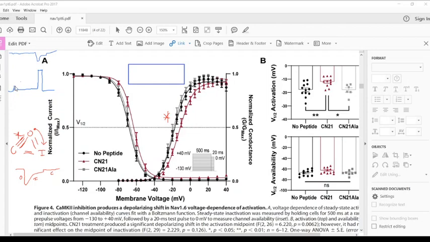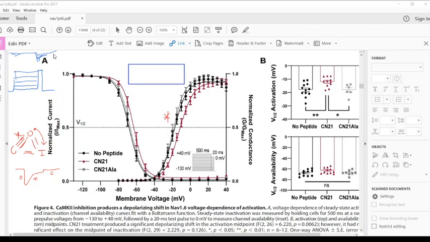Then we go higher voltage here, we might start to see something happening down here, and this one starts to get smaller. We work our way up, and this gets smaller and smaller and smaller until it eventually disappears.